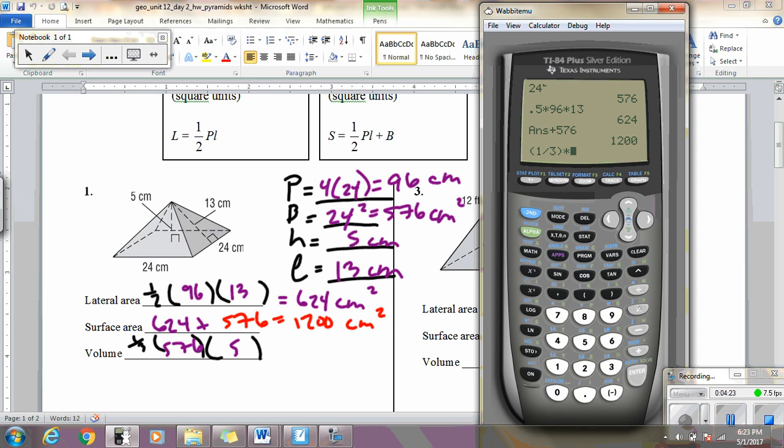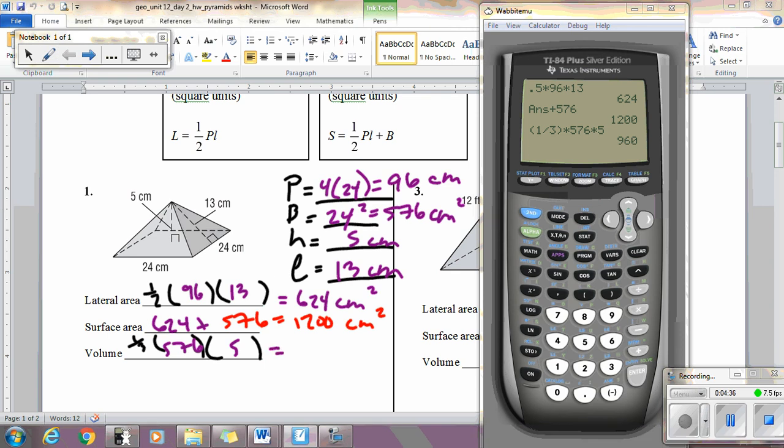Times 576 times 5. And it's 960. So the volume is 960 centimeters cubed.